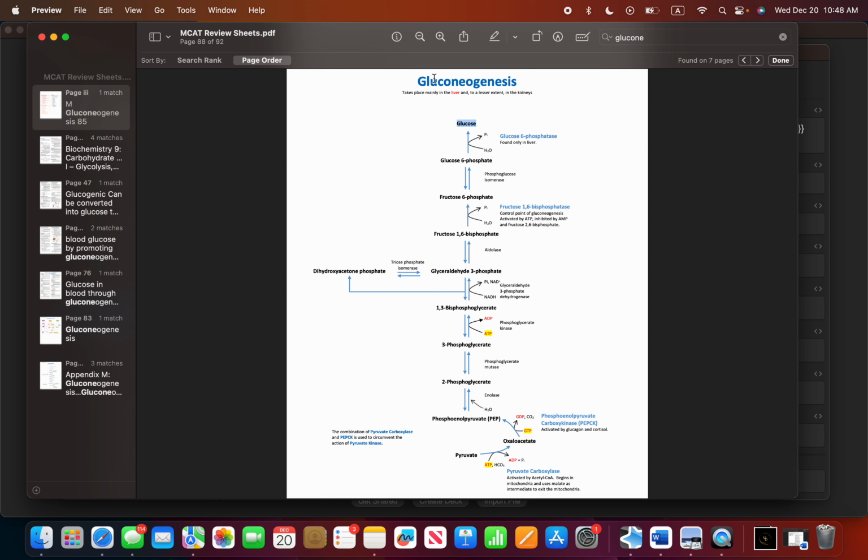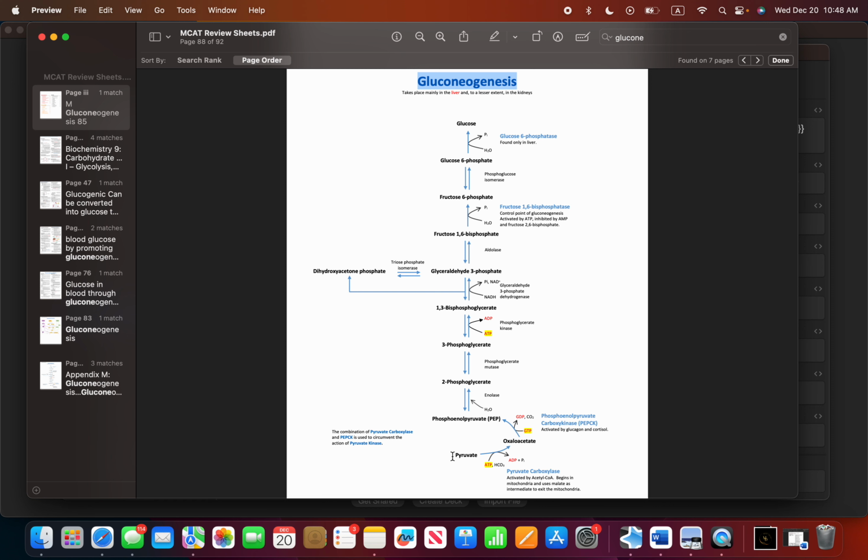Your end goal is to make glucose. It takes place mainly in the liver and to a lesser extent in the kidneys. So making glucose happens in the liver. Exciting. We know that in the liver you also store glycogen, right?